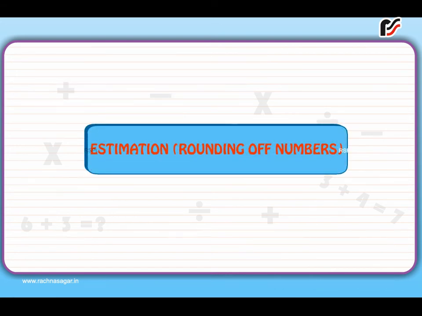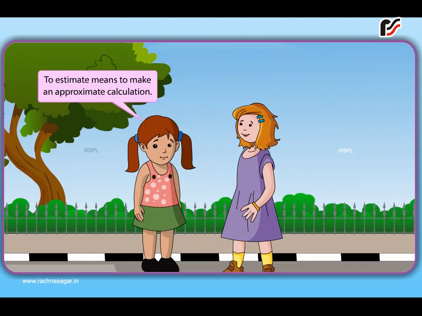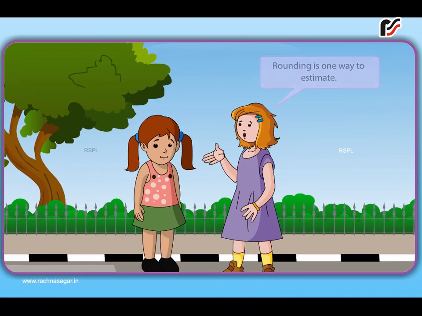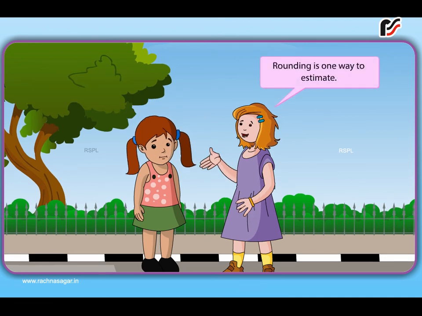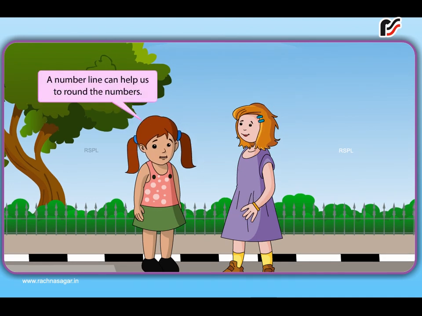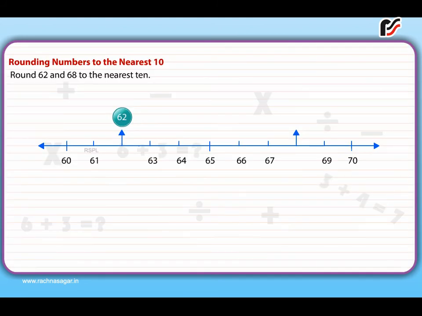Estimation, rounding of numbers. To estimate means to make an approximate calculation. Rounding is one way to estimate. A number line can help us to round the numbers. Rounding numbers to the nearest 10.